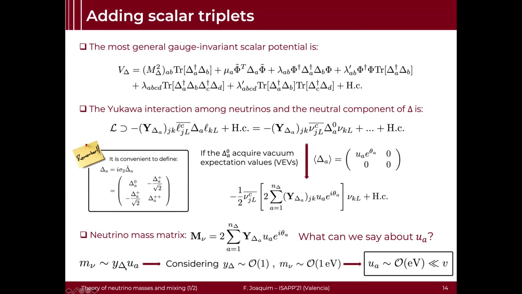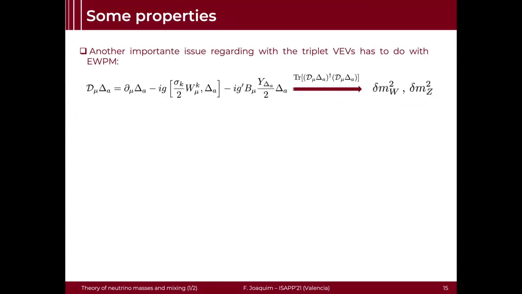So suppose that I say, okay, roughly m_nu, the neutrino masses, are roughly some Yukawa couplings times the VEV of the triplets. And now I consider these Yukawa couplings of order 1. So this means that if I want m_nu of the order, for instance, of 1 electron volt, I need these triplet VEVs to be of the order of the electron volt. Okay, so this is way much smaller than the electroweak scale.